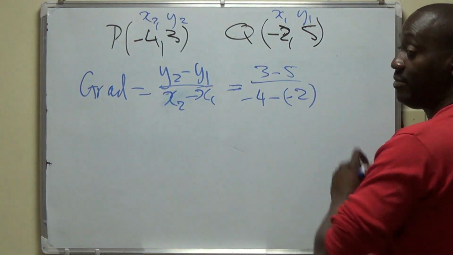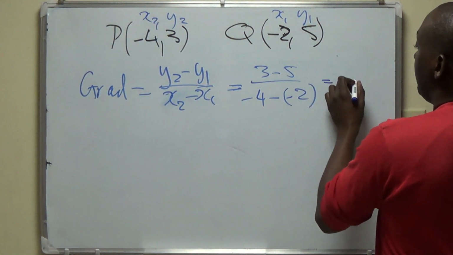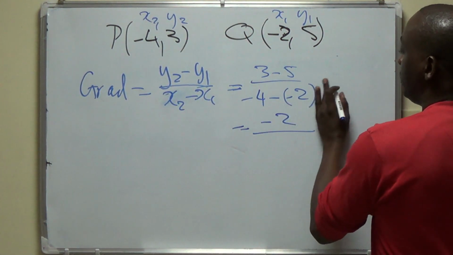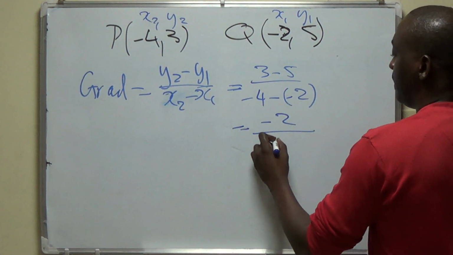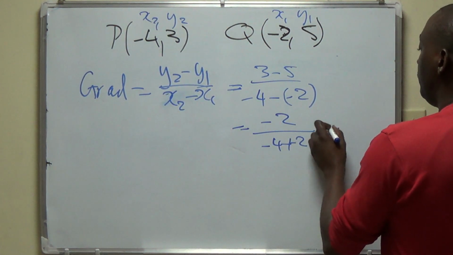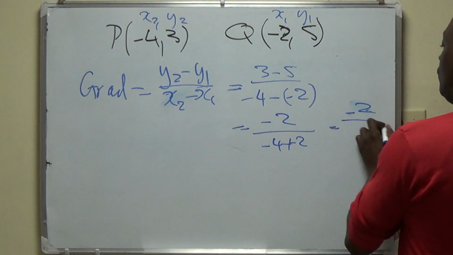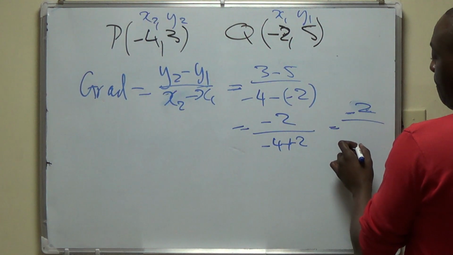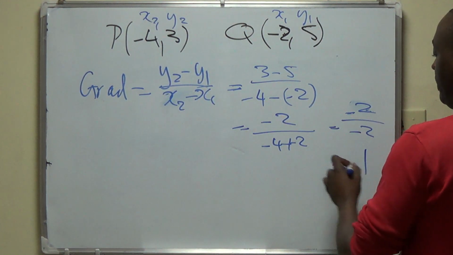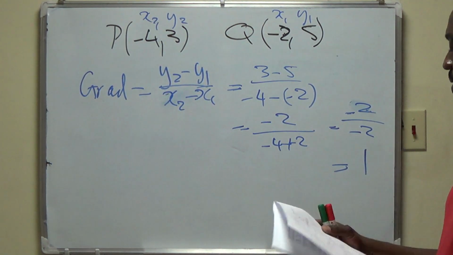Note, be very careful with the signs down in the bottom there. 3 minus 5 is minus 2 over minus 4 minus 2, which is minus 4 plus 2, which would be minus 2, over minus 2, which would be our good friend 1. So working it out in blue, we get the gradient as being equal to 1.